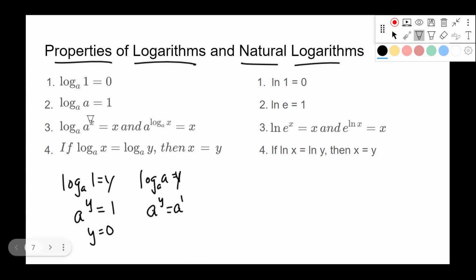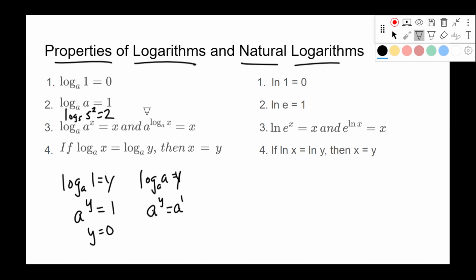Log of a to the x with base a is equal to x. So this is like saying, here's an example: let's say I had log of 5 to the second is equal to 2.